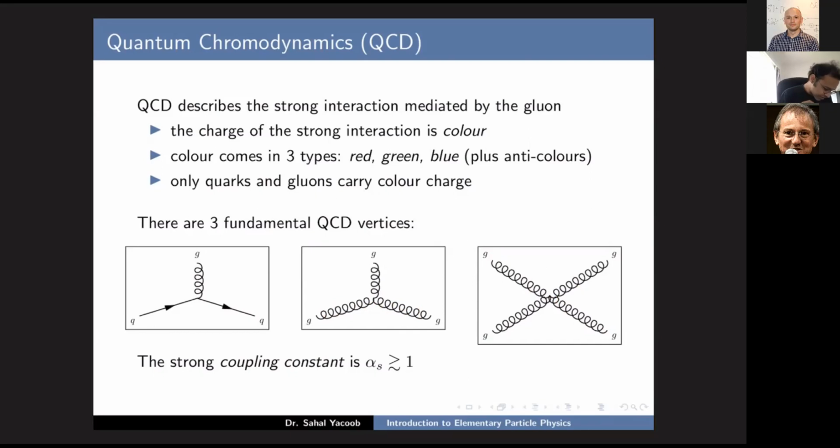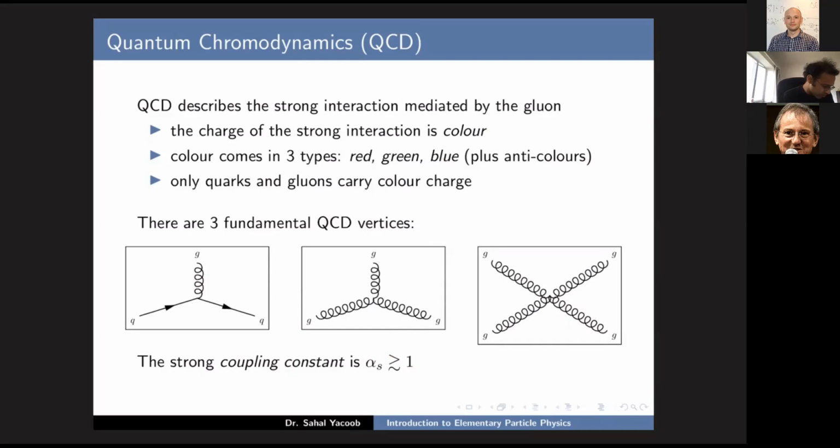Just like QED, when we want to calculate something that's an interaction that's been mediated by the strong force, we piece together a complete interaction by adding these vertices together, and we have to add all the diagrams with their internal lines. And that becomes a problem because the strong coupling constant is approximately 1.